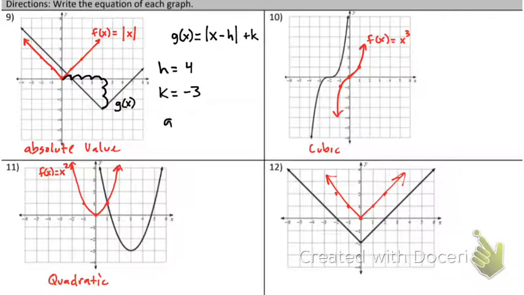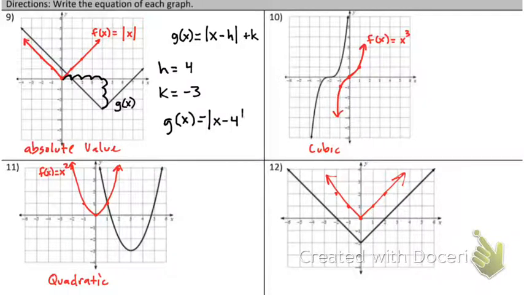So we have g of x, because that's what I named it, equals the absolute value, so we have to put the absolute value. x doesn't change. That's letting everybody know we have the absolute value shape. Now my h, again, this is part of the equation, so it's always negative. And then we're plugging in 4.